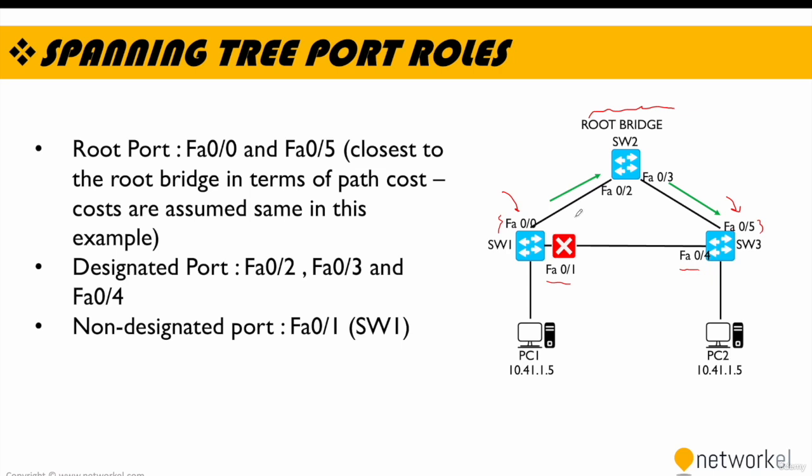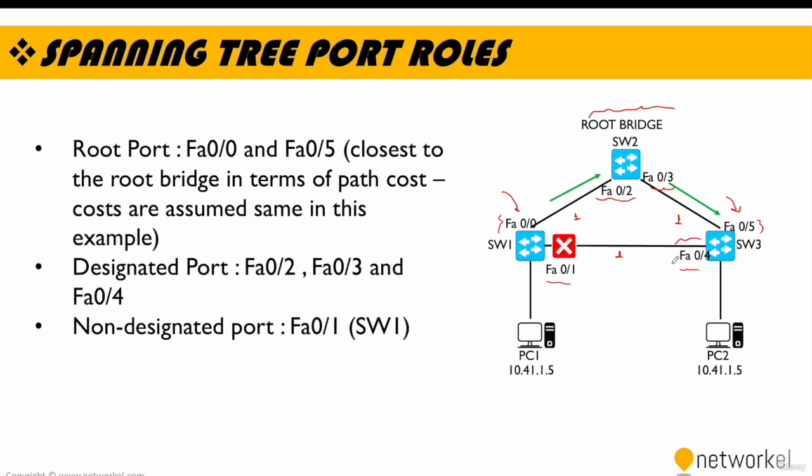Let's assume this path has a cost of 1, this path has a cost of 1, this path has a cost of 1. So Fast Ethernet 00 will be the root port for switch 1 and Fast Ethernet 05 will be the root port for switch 3. Okay. On the other hand, designated ports are Fast 02, Fast 03 and Fast 04.